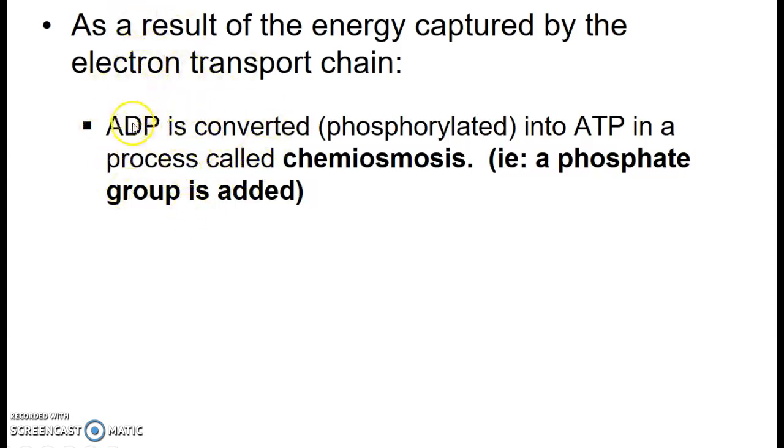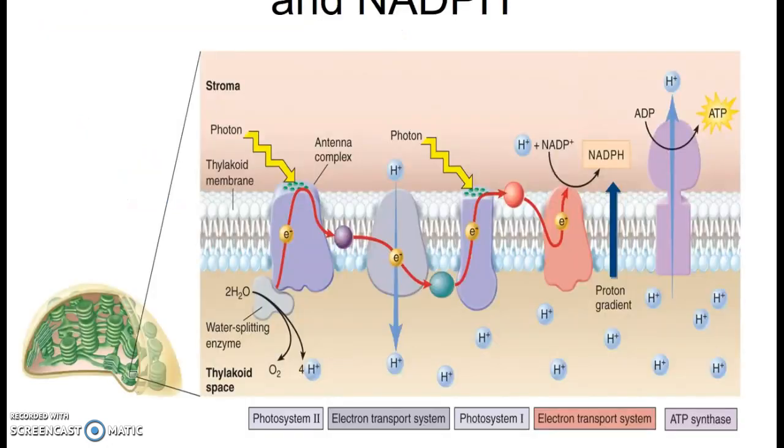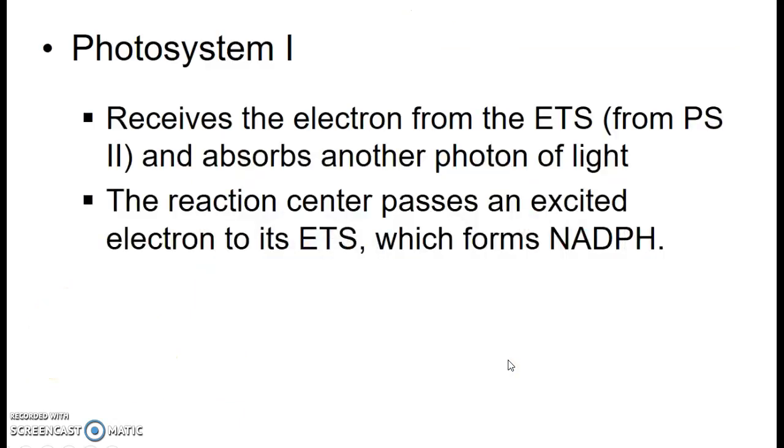The process by which that is converted to ATP is called phosphorylation or chemiosmosis. And it's just adding a phosphate group to an ADP molecule to create ATP. And this is just another picture showing sort of how the photosystems are linked in the membrane of the thylakoid.